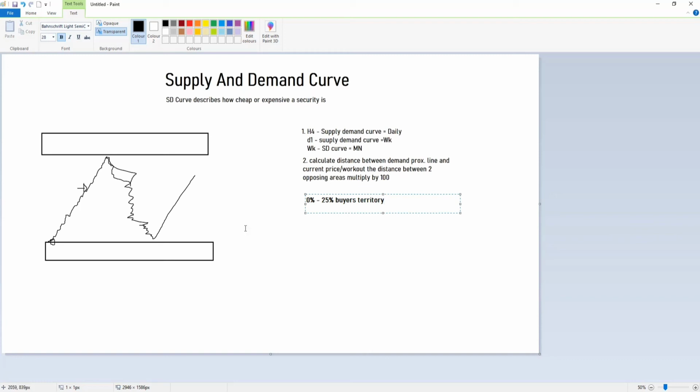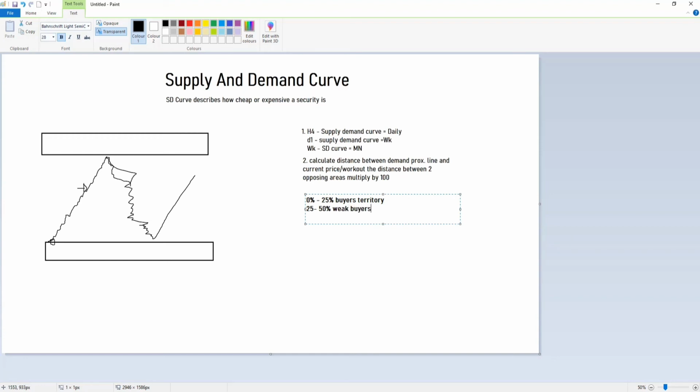This means that if you're in this territory, even if you see sell opportunities, you're not allowed to sell, because the only opportunities that you're looking for are buy signals, right? And then from 25% to 50, that's a weak buy territory, or that's a weak bias.